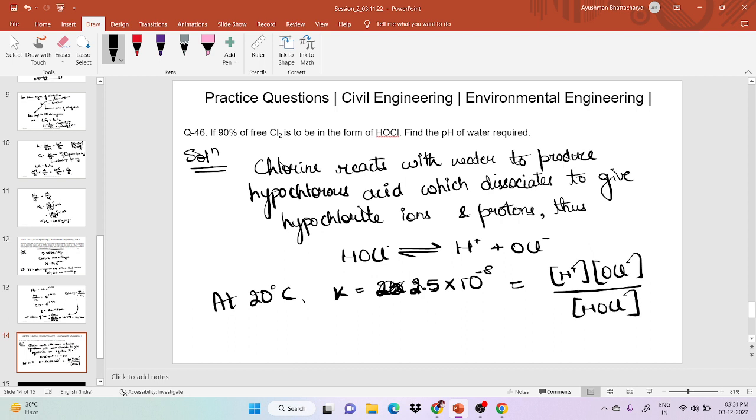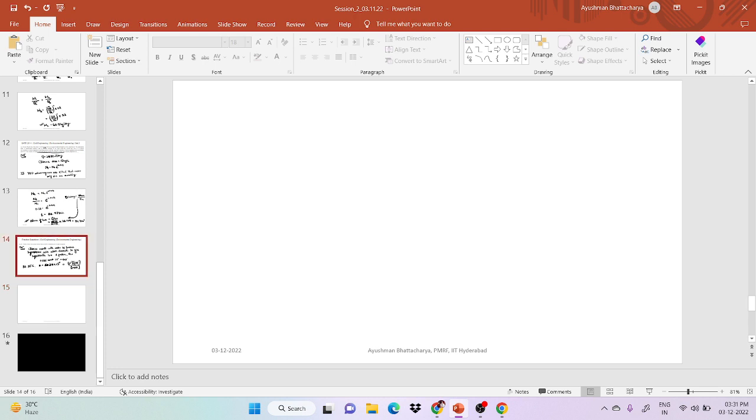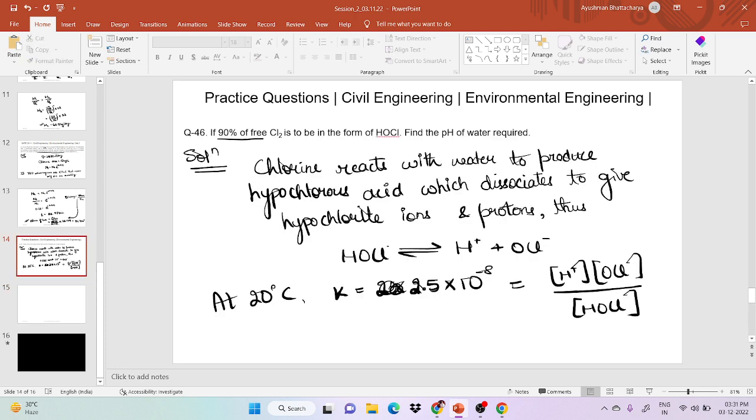Now they are asking 90% of free chlorine. In the question they are asking 90% of free chlorine is in the form of HOCl. I told you just now, free chlorine is basically a summation of HOCl plus OCl minus. This thing we termed as free chlorine.